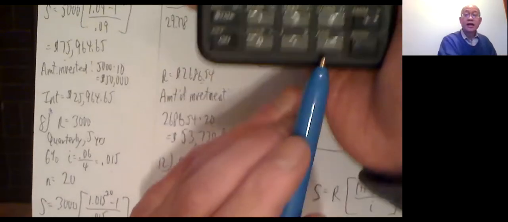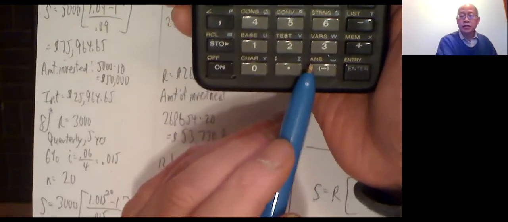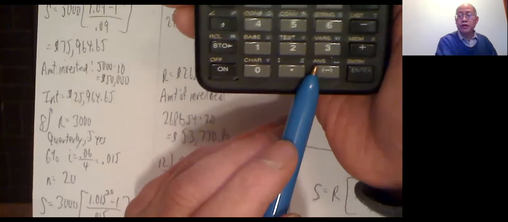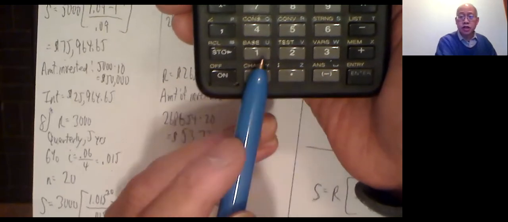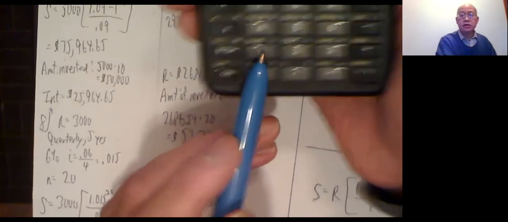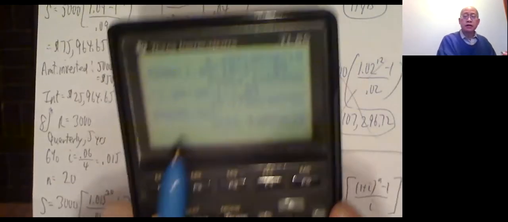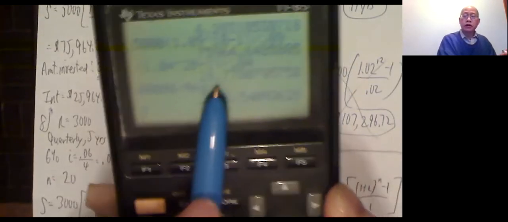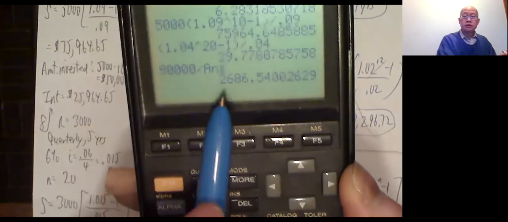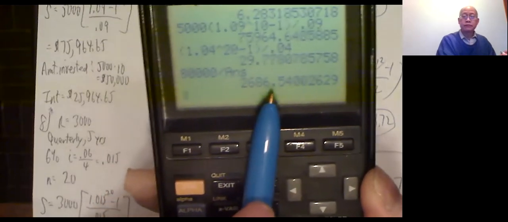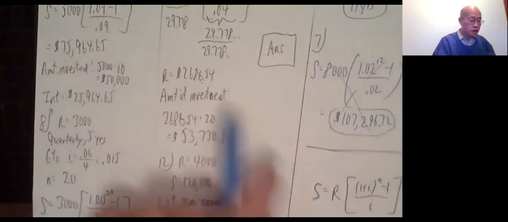So once again, it's a nice key to have, the answer button right here. So look for that on your calculator. If you have the answer button, then do just like I did, 80,000 divided by the answer. The last thing that you stored in memory was 29 point whatever. So 2686.54. Now, let me just show you what happens if you round off.